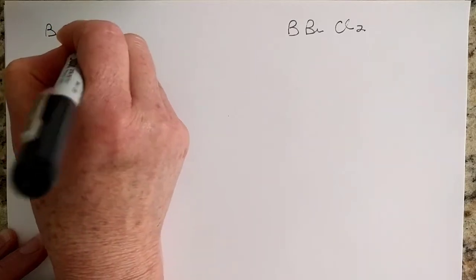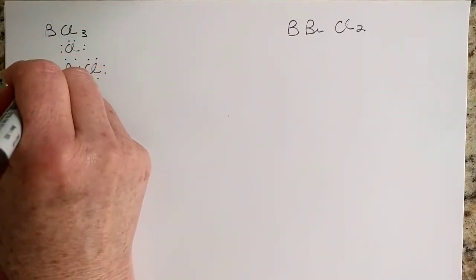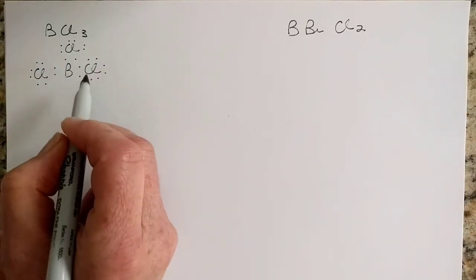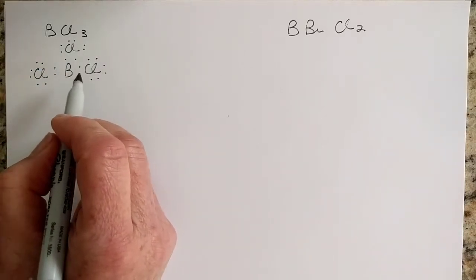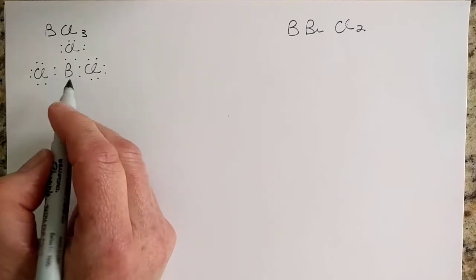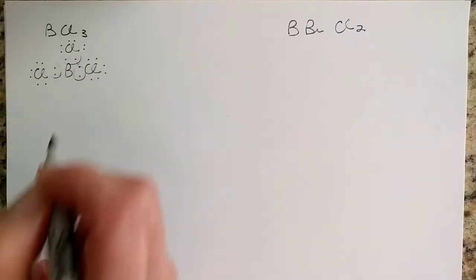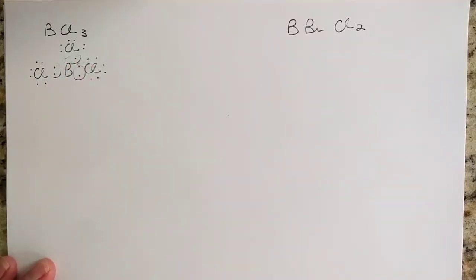And remember that boron is often an exception to the octet rule, which it is in this case. Chlorine, a halogen, only wants to make single bonds, so boron's going to have to make do with having 6 electrons around it. So we have 1, 2, 3 electron sets. So our molecule is trigonal planar.